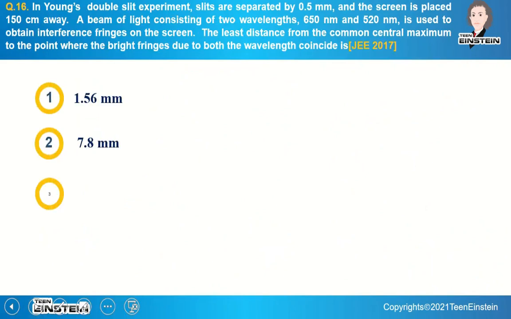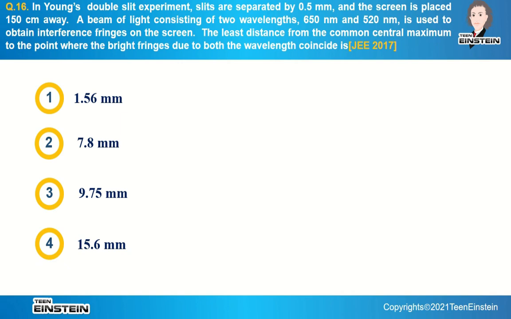The next question is, in Young's double slit experiment, slits are separated by 0.5 mm and the screen is placed 150 cm away. A beam of light consisting of two wavelengths 650 nanometers and 520 nanometers is used to obtain interference fringes on the screen. The least distance from the common central maximum to the point where the bright fringes due to both the wavelengths coincide is.